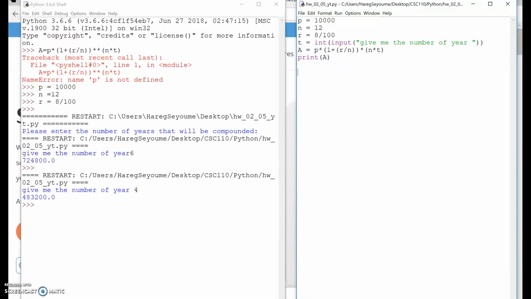So I'm going to show you the formula for computing the final amount if one is earning compound interest.